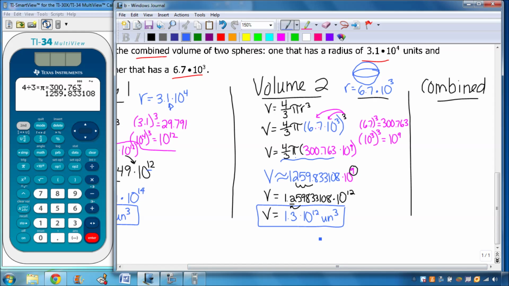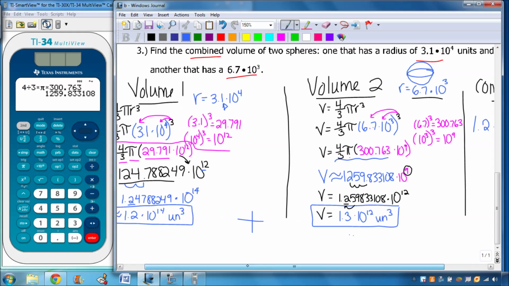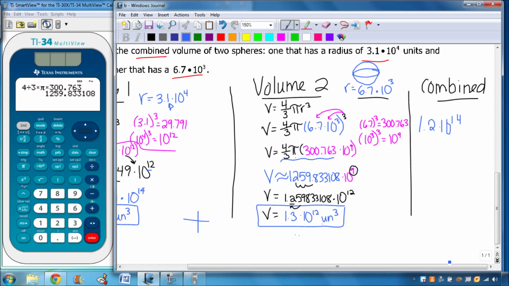And then it says that my new volume is 1.3 times 10 to the 12th power. So I'm going to take those two values and add them together: 1.2 times 10 to the 14th power plus 1.3 times 10 to the 12th power.